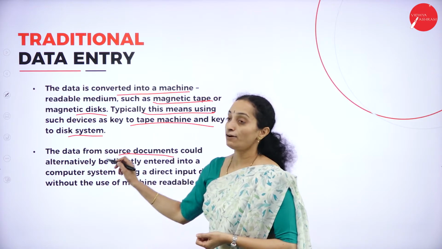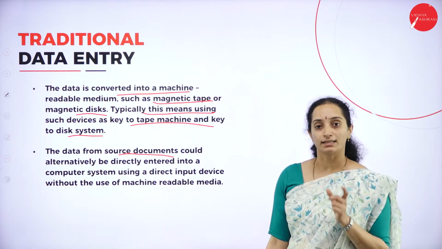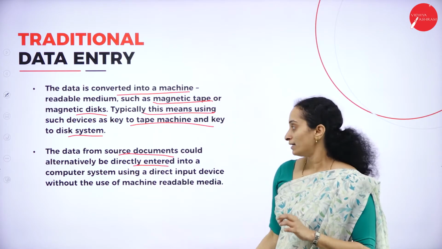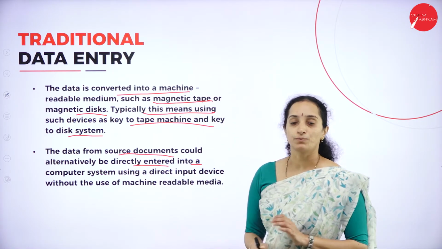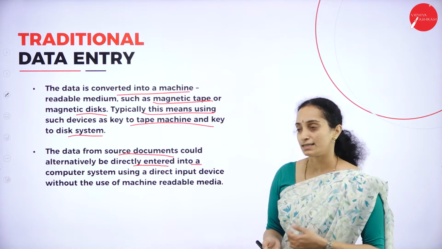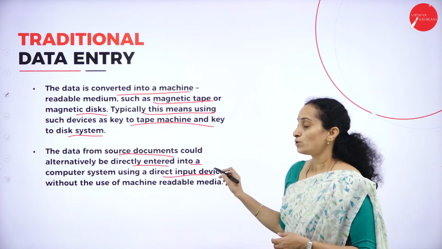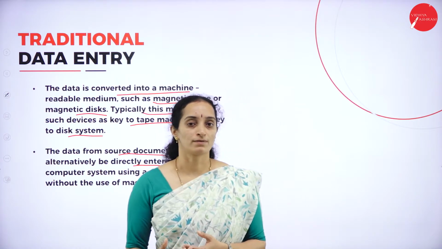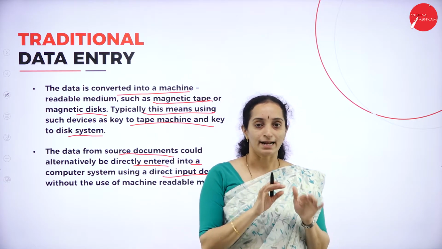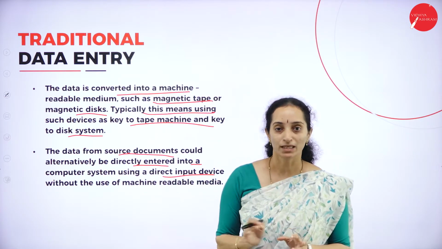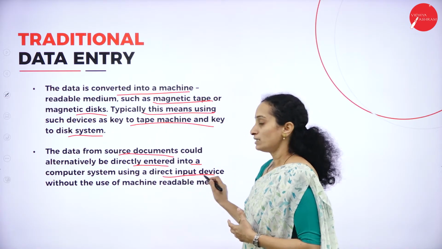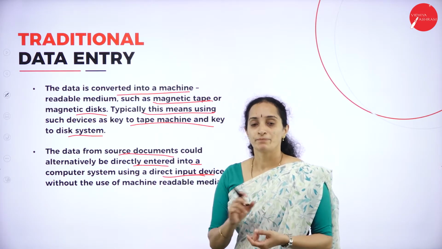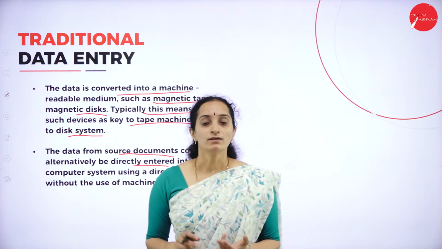The data from source documents, if they are in the form of a written document, could alternatively be directly entered into the computer system, using a direct input device. What we'll do is, we'll keep the written document with us, look at the details and enter all the details through the keyboard and mouse using some input device. As we know about input devices like scanner, keyboard, mouse.